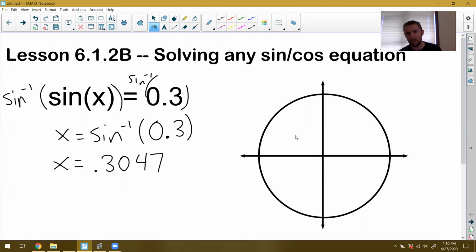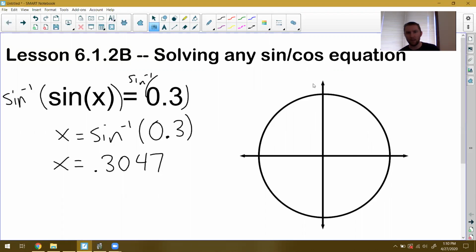So let's think about where on the unit circle the sine value is equal to 0.3. Well, remember the sine value on the unit circle is talking about the y coordinate of any of these points on the circle, right? So what we're really asking when we ask for sine of x to equal 0.3 is where on the unit circle does the y coordinate equal 0.3?